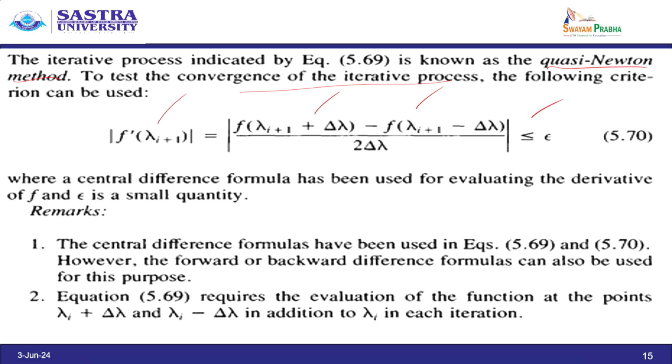Here the central difference formula has been used to evaluate the derivative of f, and epsilon is a small quantity. So, we have a note: the central difference formula has been used in equations 69 and 70. Therefore, the forward and backward difference formulas can also be used for this purpose. Equation 69 requires the evaluation of the function at the points lambda_i plus delta lambda and lambda_i minus delta lambda, in addition to lambda_i, in each iteration.